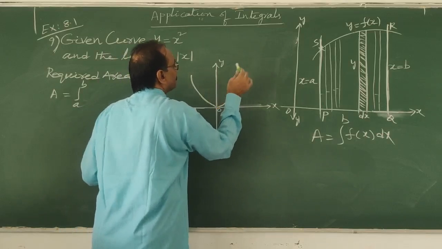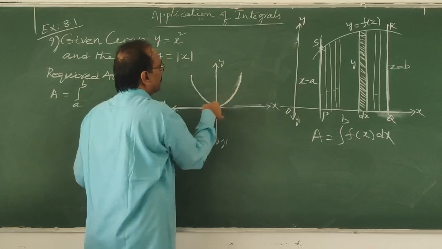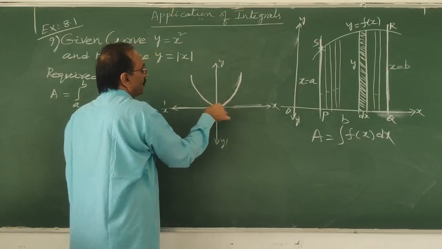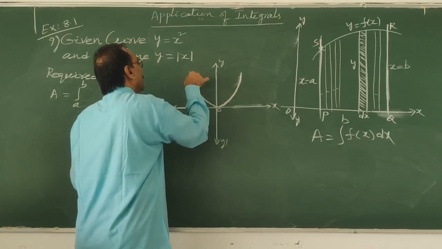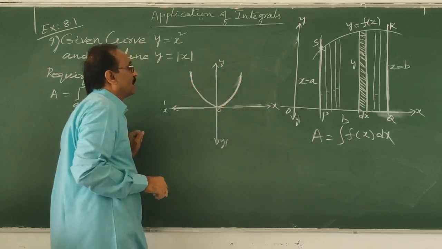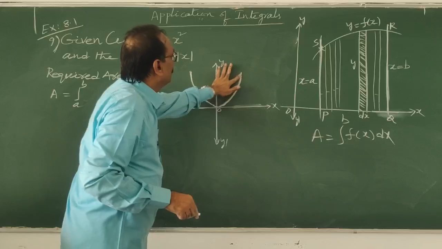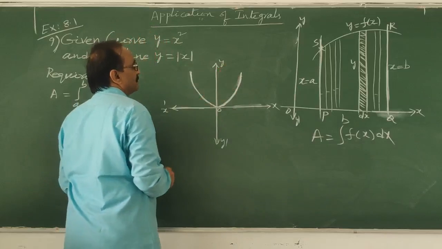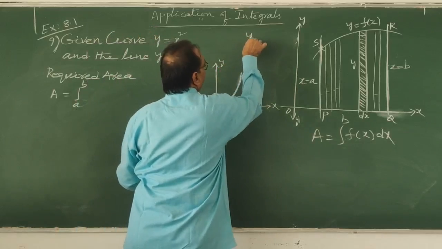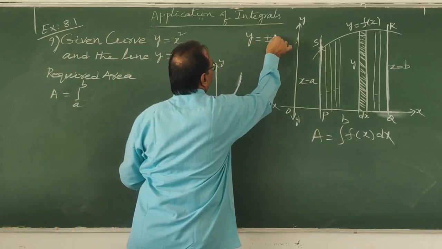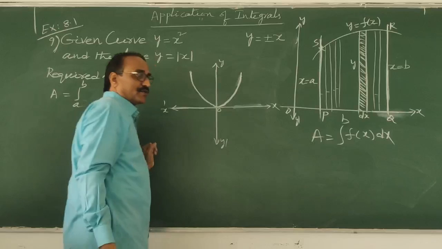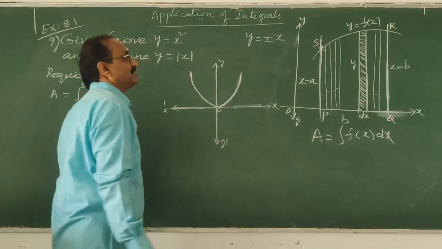So the given problem is like that, and I draw this diagram. Now y is equal to mod x is given. So y is equal to mod x means what? If you remove mod, y is equal to plus or minus x.